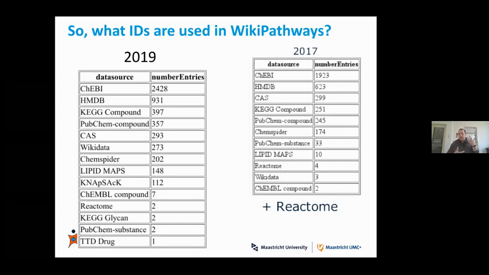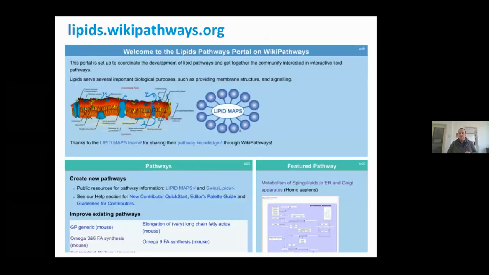That is nice from the perspective that it gives a lot of flexibility to people drawing these pathways and capturing the uncertainty. So if you have done an experiment where you do not know the stereochemistry, that is something you can specifically annotate in that pathway by carefully choosing your identifier.